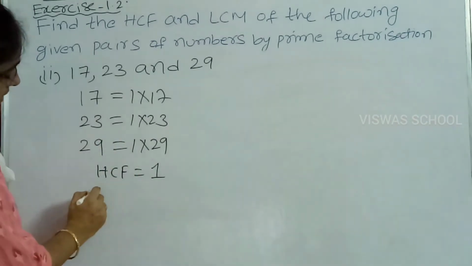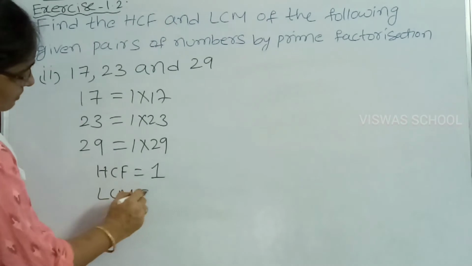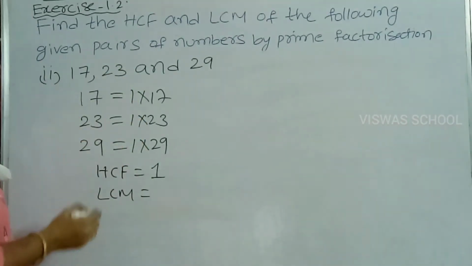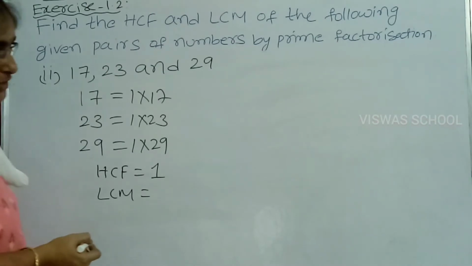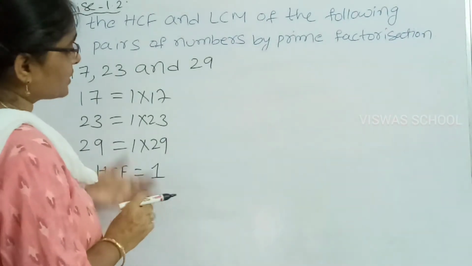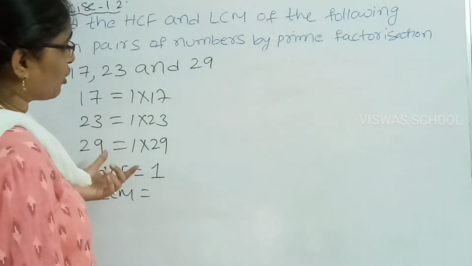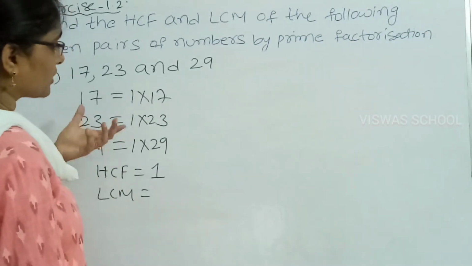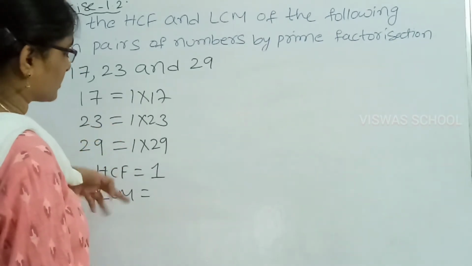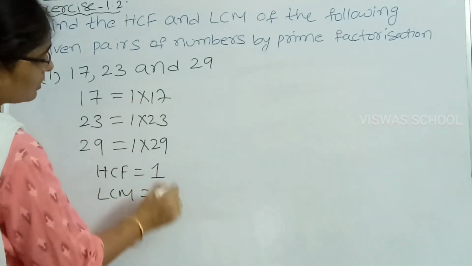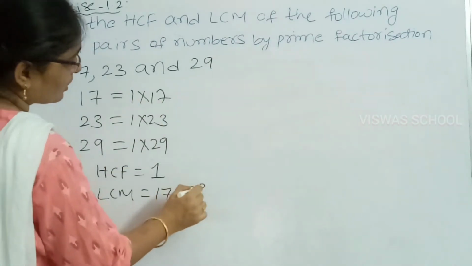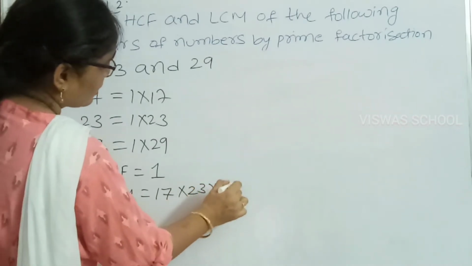And coming to the LCM, if the given numbers are prime numbers, then the LCM is equals to what? What is the LCM's definition here? Product of the greatest power of each prime factor. That is, LCM means here, 17 into 23 into 29.